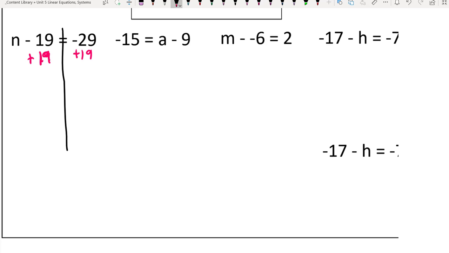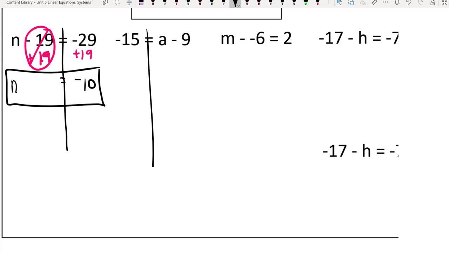That's going to eliminate those two. Negative 19 plus a positive 19 is 0. That gets me this single n isolated. And negative 29 plus a positive 19 is negative 10.